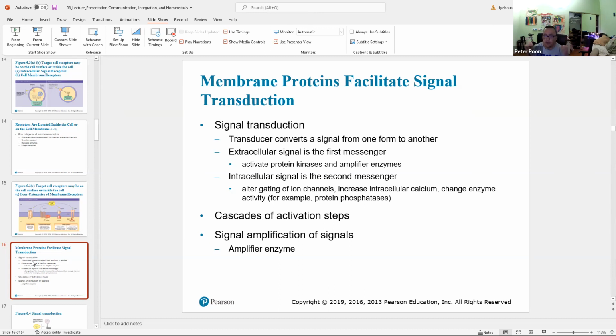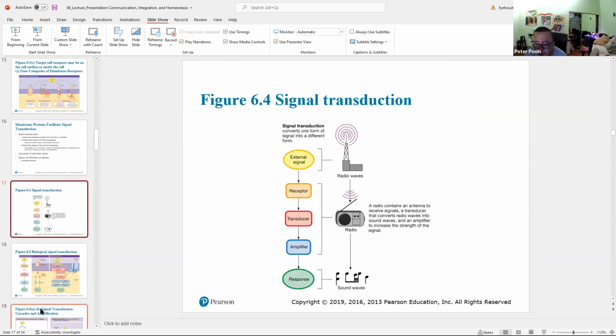And then you're off the races. So usually you have cascades of activation steps, and each step is amplified by the step before it. One protein turns on 10 proteins, which turn on 100 proteins, which turn on 1,000.